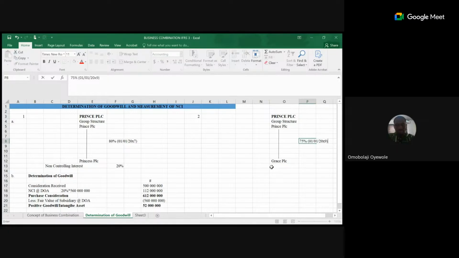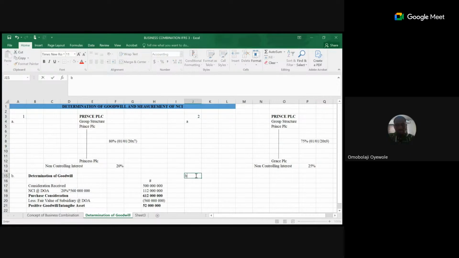Don't forget, now NCI, non-controlling interest to be how many percent? 25%. So that's the group structure. That is A.